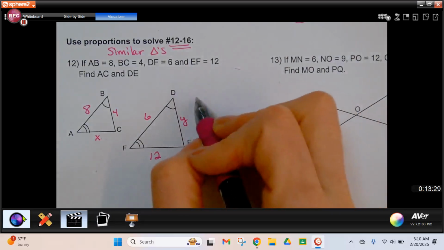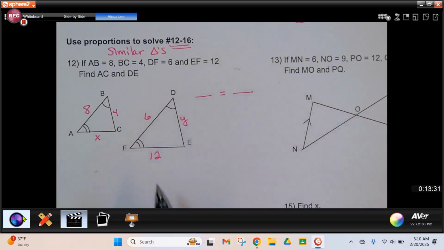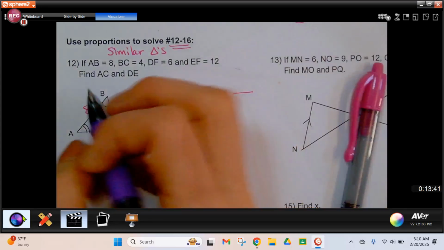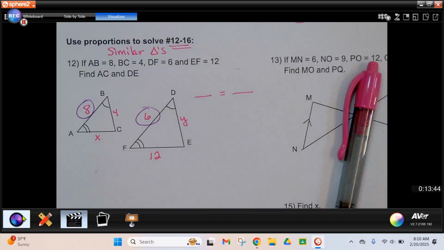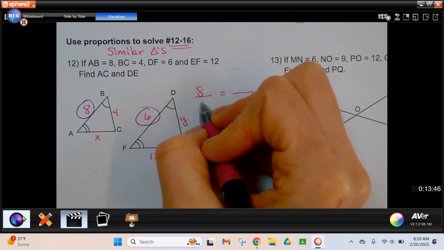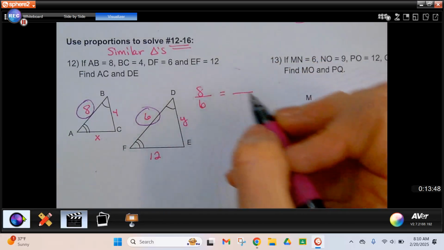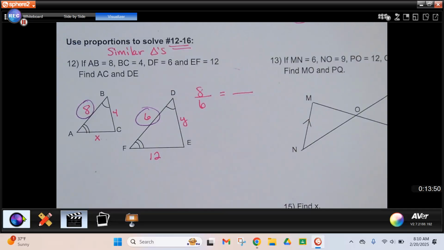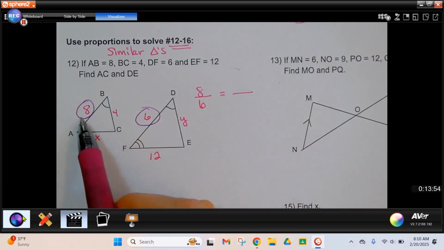I need to solve for X and solve for Y. All right, well, first I need to set up my proportion using the scale factor. So the scale factor here, this side and this side are the only ones I know right now. So I'm going to use 8 and 6. 8 and 6 are the corresponding sides. So 8 to 6 is our ratio. And I'm just noticing also that this should be smaller than this one.